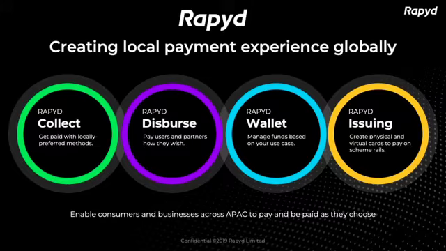So you can not only disburse money into the wallets, you can also enable your customers or your vendors or your partners to hold branded cards from your organization and use those cards for payments. So these are the 4 key platforms on which Rapyd is based.